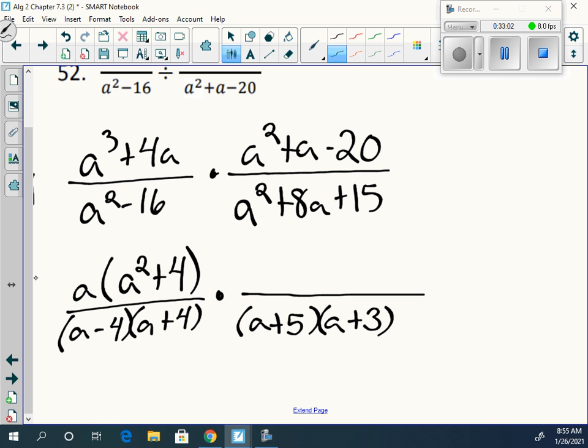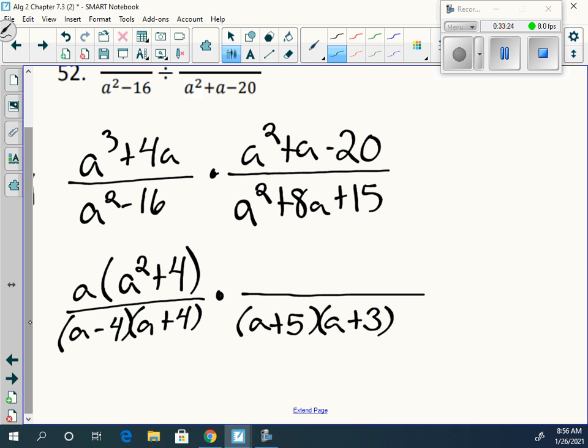Technically, yes, but not real factors. So a squared plus 4 doesn't have real factors, so we're not going to factor it, because we don't want to bring those imaginary terms into this if we don't have to.